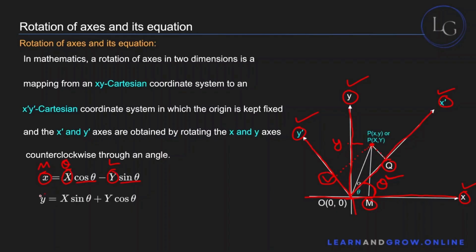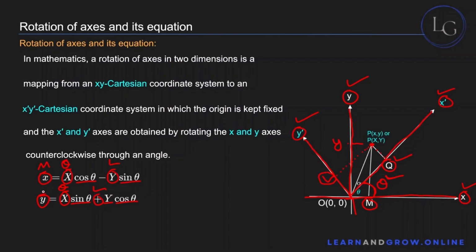Now you need the old y value. Simply, you multiply the x value of the new axis, which is q, this one over here, with sine theta first, the sine of the same angle theta, and you add to that the product of the new y, which is L over here, into cosine of the same angle theta.